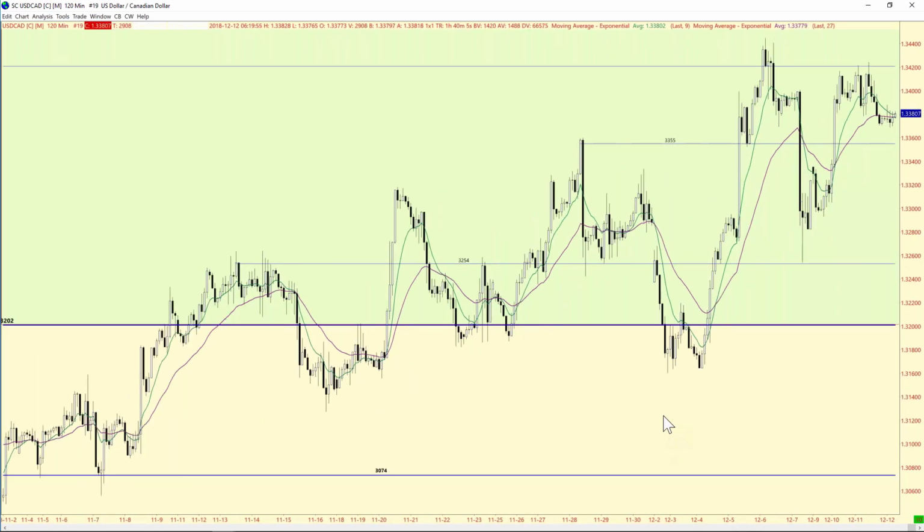And we've seen that the shorts are building up against the Canadian currency. And for right now, we're above that key 33.43.